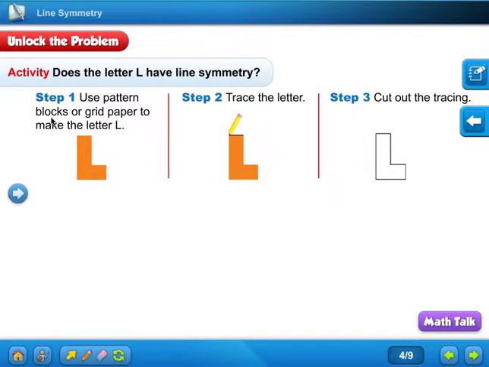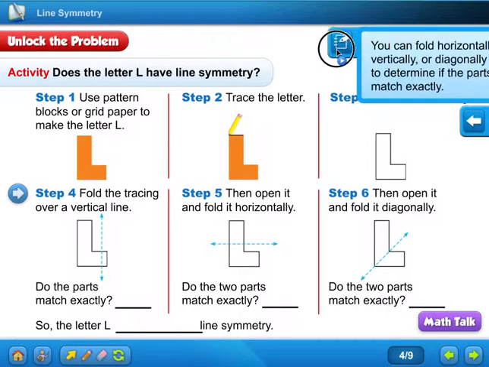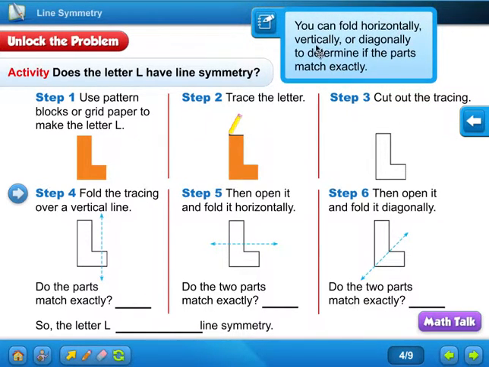So use the pattern blocks or grid paper to make the letter L. Trace the letter L, then cut it out. Pause it and do that, and then keep playing. Here's where I talked about folding it, remember? You can fold it horizontally, diagonally, vertically, just like in the other one, and then you can determine if it has line symmetry.